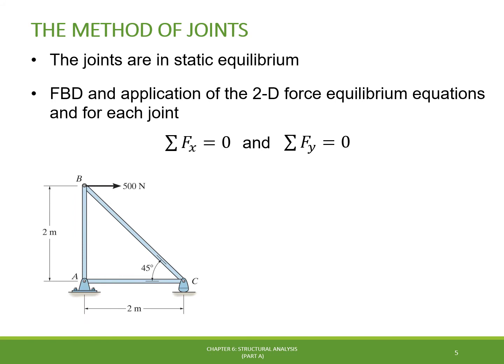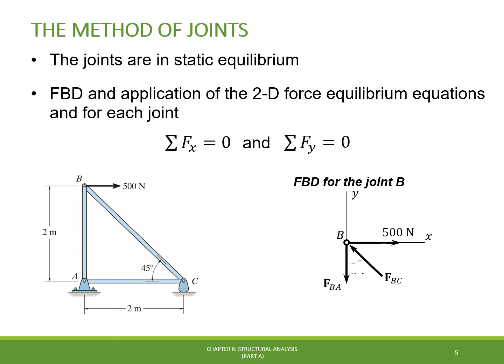For example, let's consider the simple truss shown here, in which a 500 newtons load is being applied at the pin located at joint B. If we draw a free body diagram for this pin with the appropriate x and y coordinate axes, we have three forces acting on the pin, which are the 500 newtons external force and the force exerted by the truss members BA and BC.